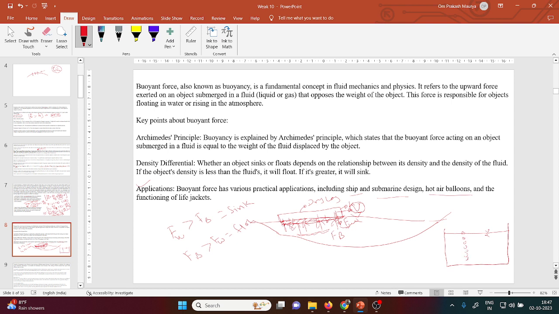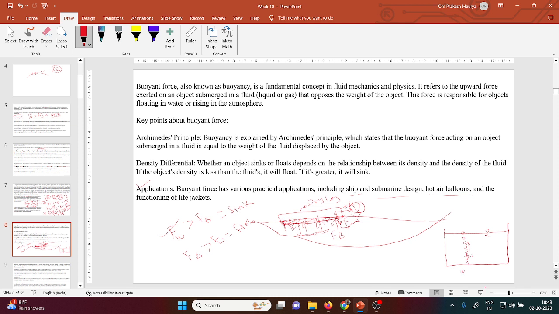The buoyant force is also acting on it, but it is not enough to float the particle, and a drag force also acts on it, because it is in the moving condition.